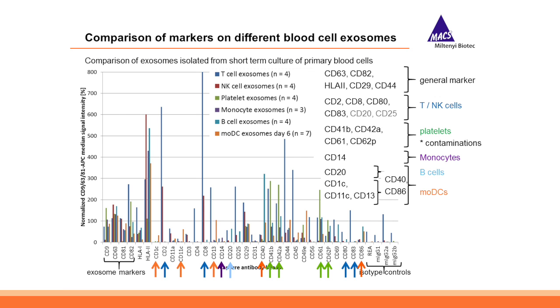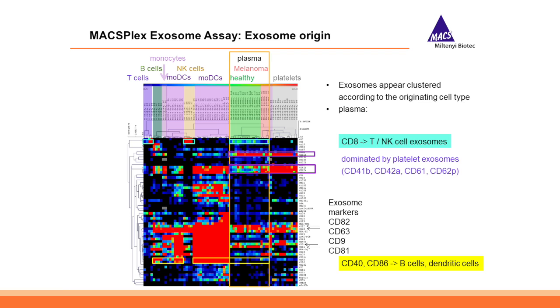So if we compare now the results with plasma exosomes isolated from, again, healthy volunteers, now in a cluster analysis, in this case, each column is one sample of different cell types and from plasma, and each row now comprises a bead type.